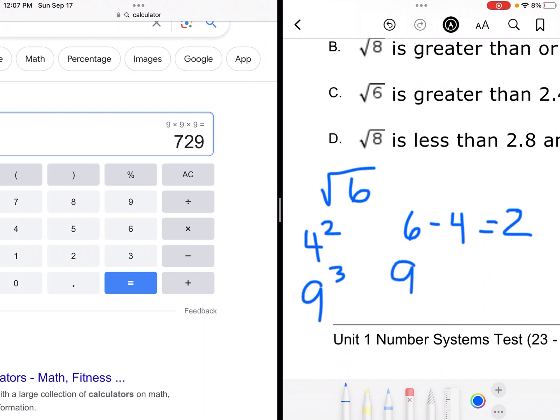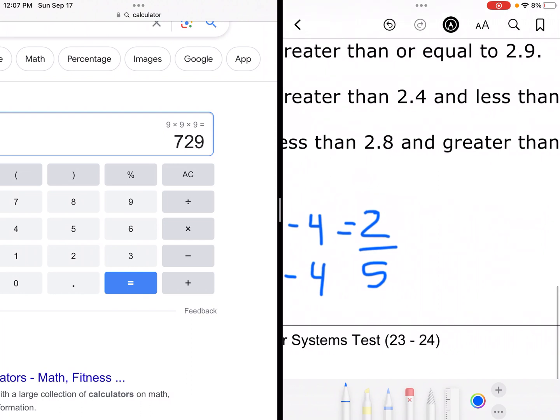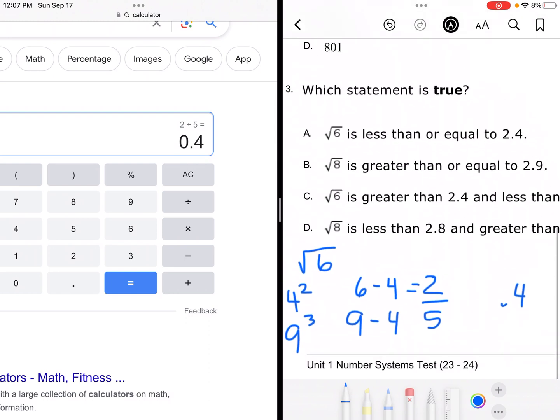And then I'm going to do 9 minus 4, and I get 5. 2 divided by 5, I get 0.4. So I always take the smaller of the two square roots. So the square root of 6 is less than or equal to 2.4.